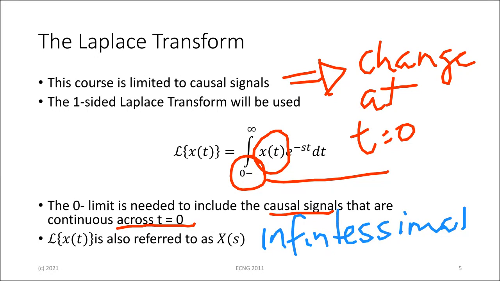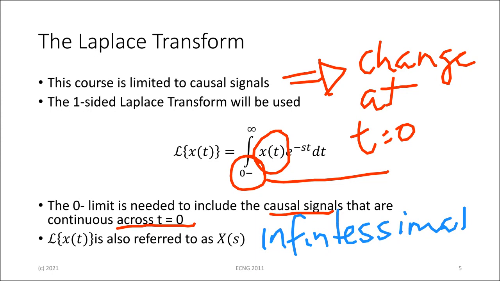So 0 minus is infinitesimally close to 0. In other words, it is immeasurably close to 0, but it is not 0. So if you want to be correct, Sadie, it's slightly less causal, slightly non-causal, but for all intents and purposes, we treat it as such, okay? It's just to make the math correct.